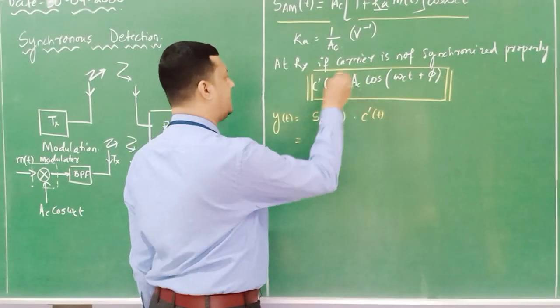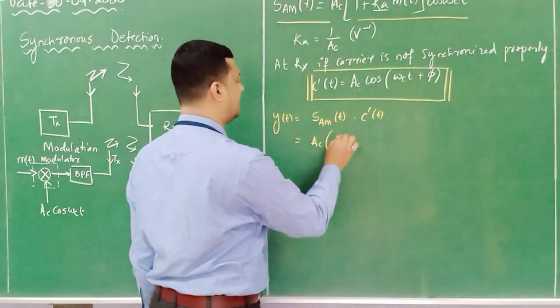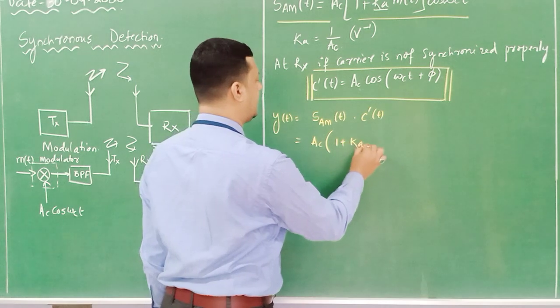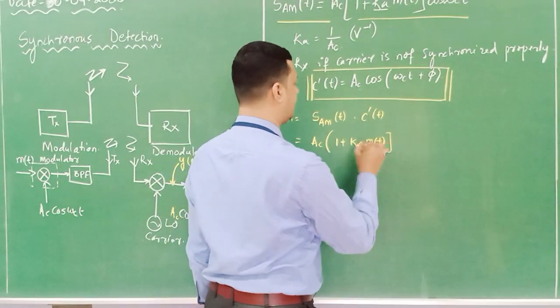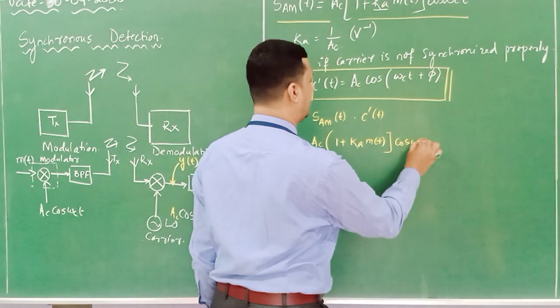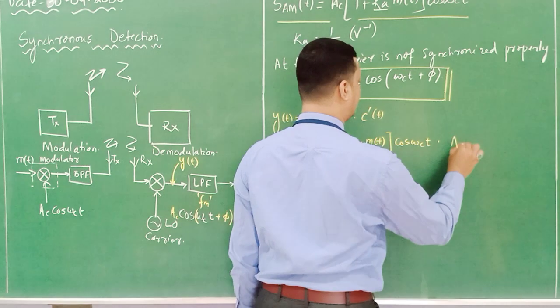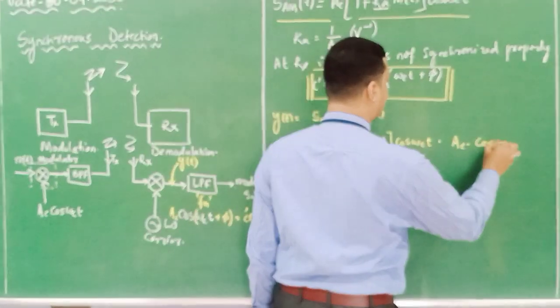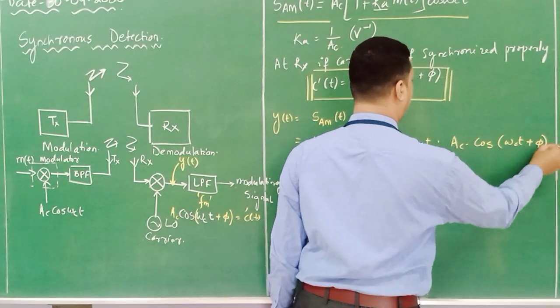Now, s_AM(t) is Ac(1 + ka m(t)) cos ωc t. Then c'(t) is Ac cos(ωc t + φ).